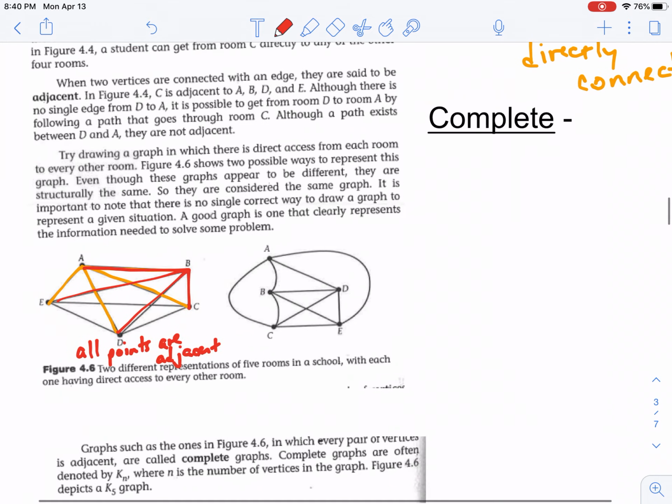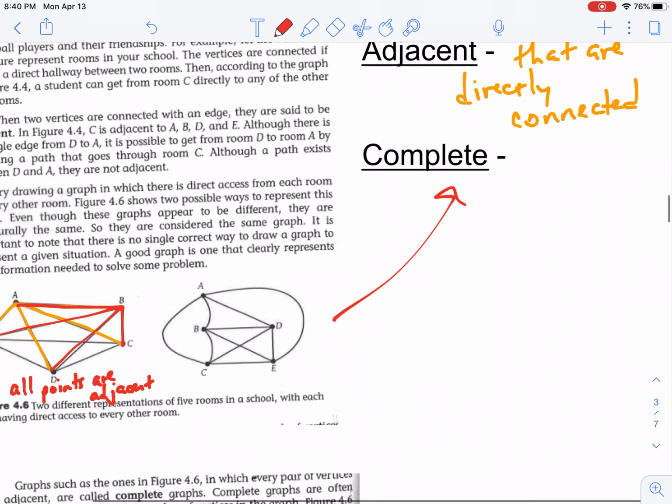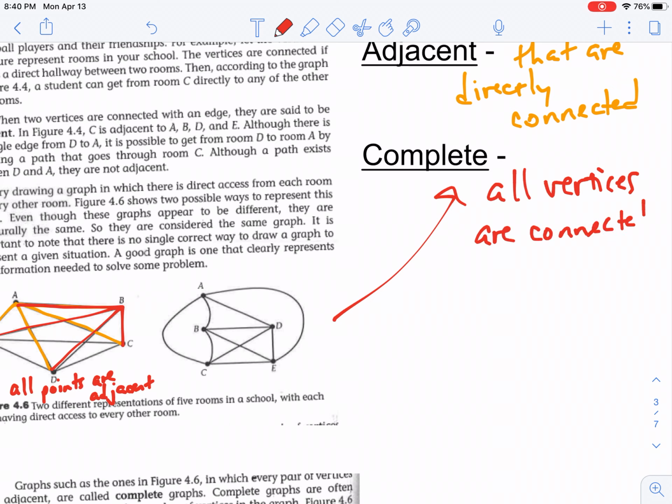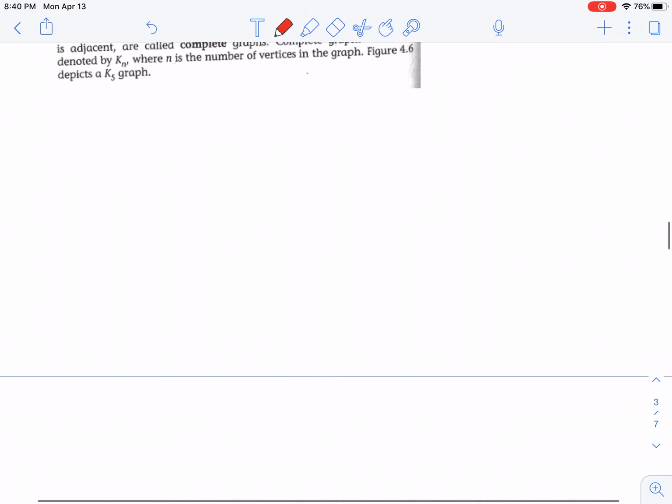So that's what's called a complete graph. When every single point, all vertices or all points are connected to all other points, or all other vertices, the graph is complete. No matter which point you go from, you could get to every other point you need in the whole graph. Okay?